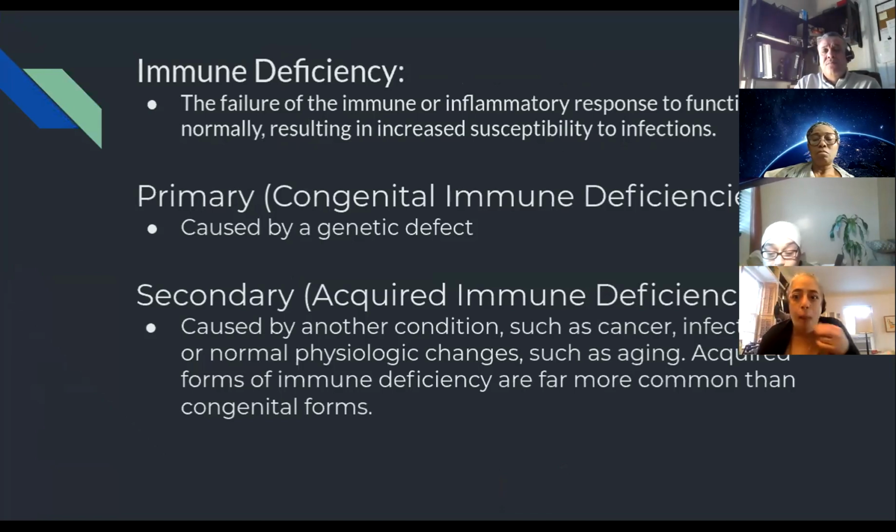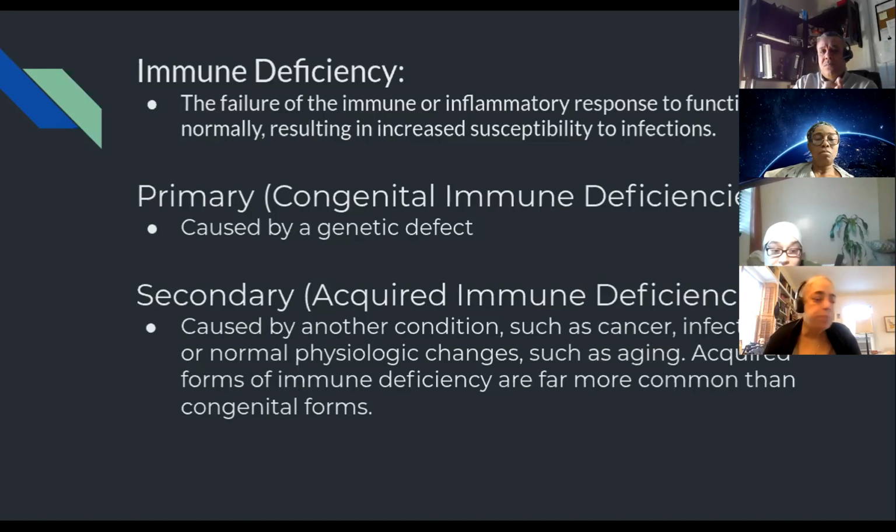Okay, HIV is an immune deficiency. It is the failure of the immune or inflammatory response to function normally, resulting in an increased susceptibility to infections. There are two categories. One would be the primary, which is more congenital, meaning it's caused by a genetic defect.